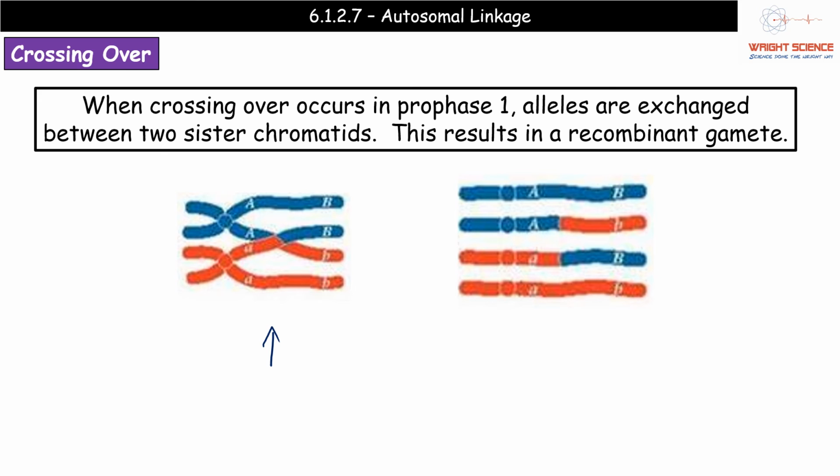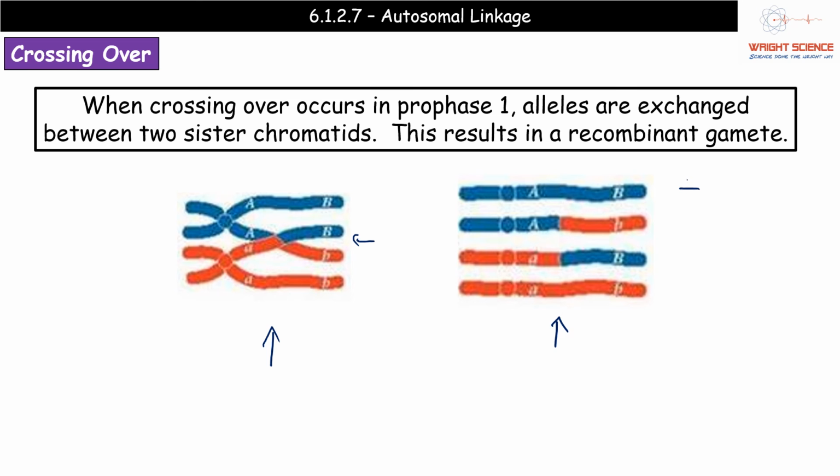Now when crossing over occurs, we can see this little region here, we're swapping two parts of the chromosome over. So basically what we're seeing is two bits of chromatid are being exchanged with one another. This then results in our 4 gametes, 2 of which are now recombinant.